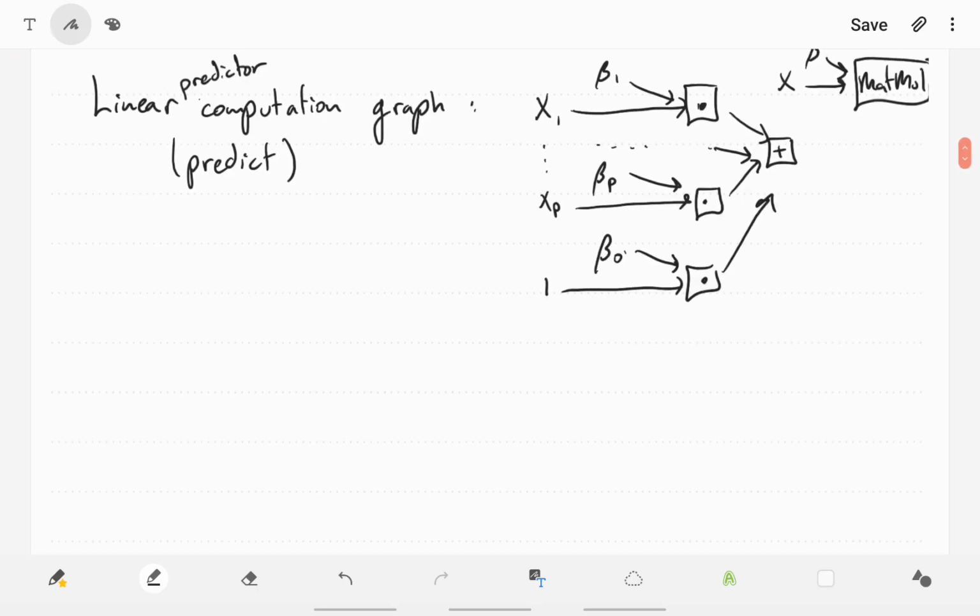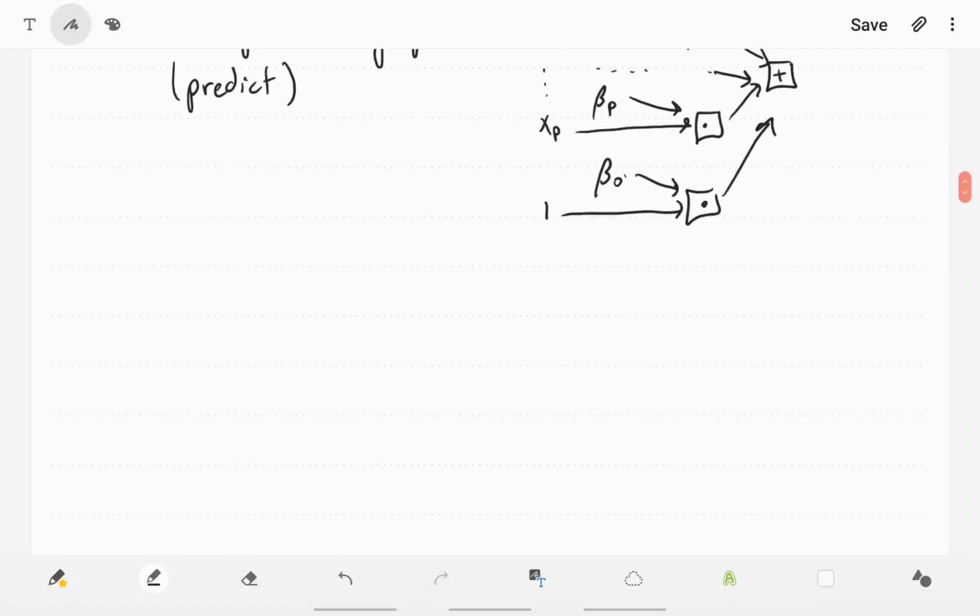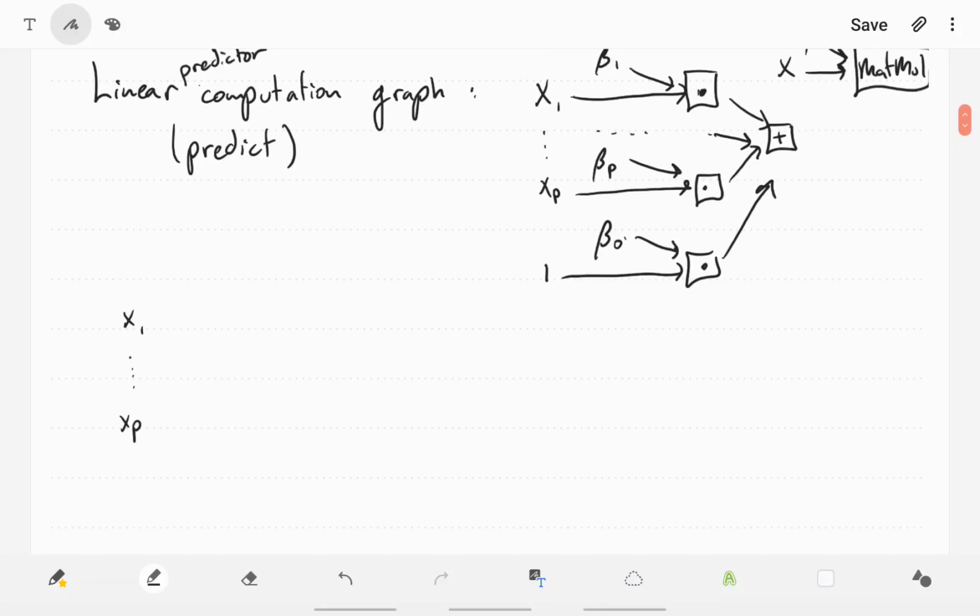So let's do that. We take our input x1 down to xp, and I'm going to write this more succinctly.